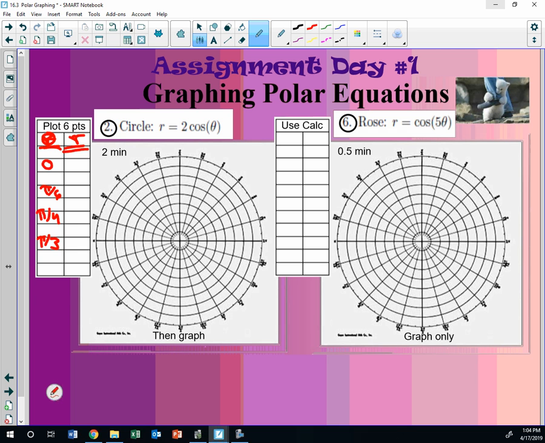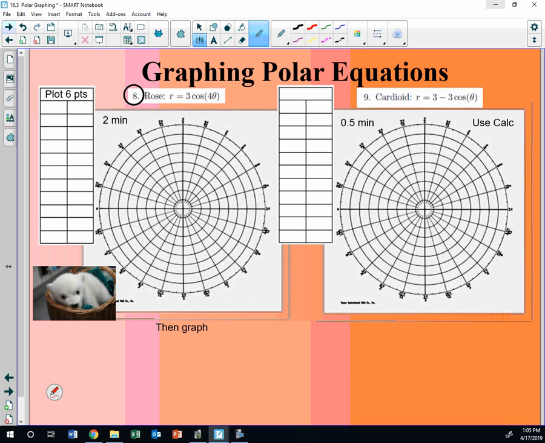And then you put it into the formula and get the r and then plot them. I want you to have experience plotting them, and then it's no problem to sketch them, right? But just do for these 2 and this one, I wanted you to get the points.